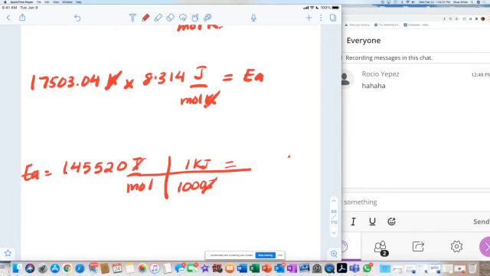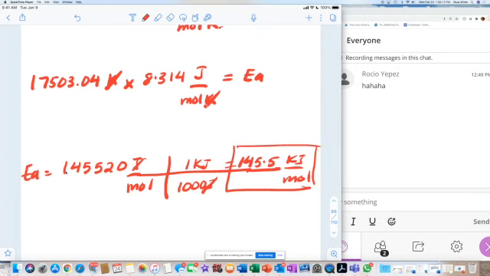We get kilojoules per mole, which is this number I have in my calculator divided by 1,000. And bam, I have 145.5 kilojoules per mole. Okay, there.